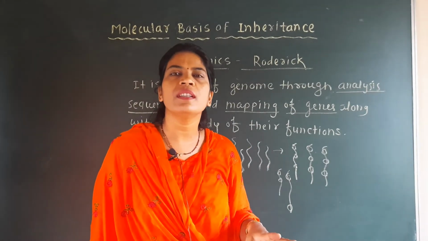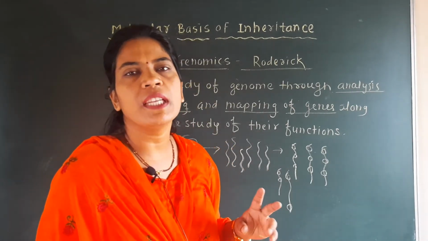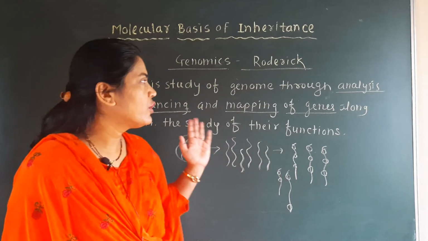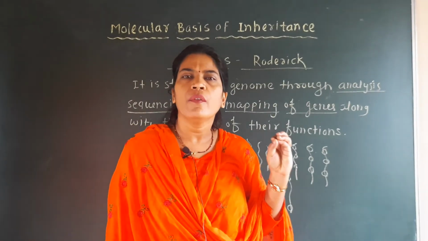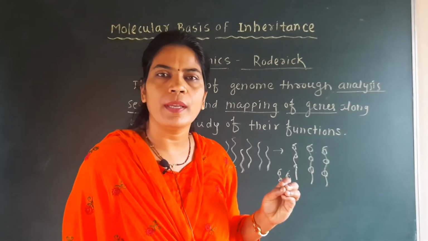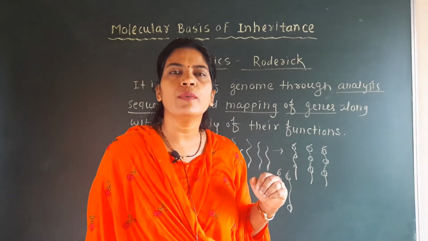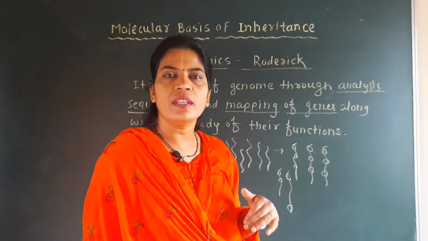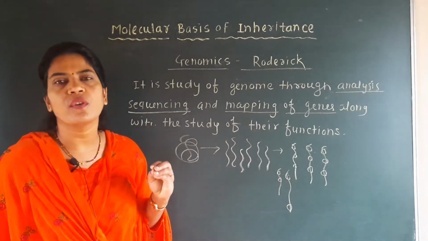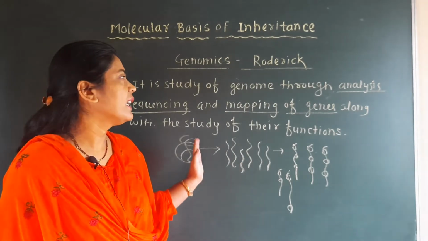Today whatever knowledge we have about genes is only due to genomics, because scientists studied the genome of the human being very well, and accordingly found that different functions are related to the genes, and these functions are studied in detail in genomics.